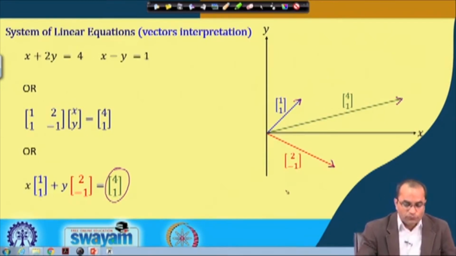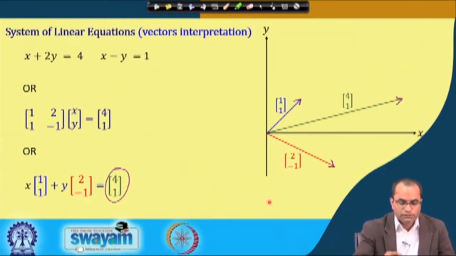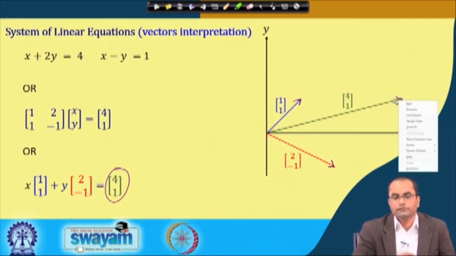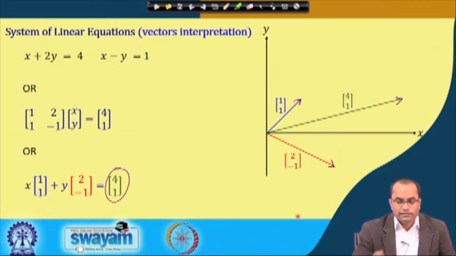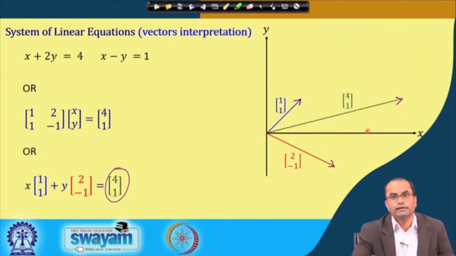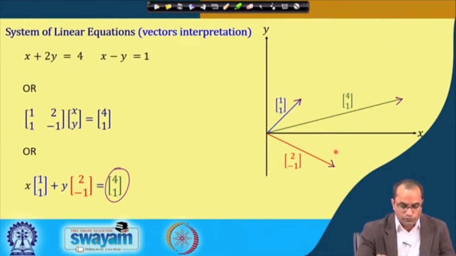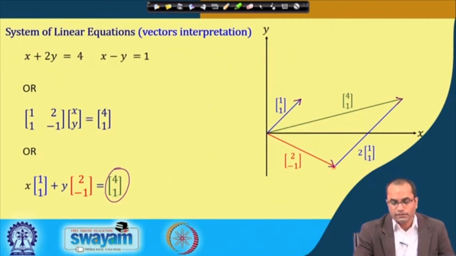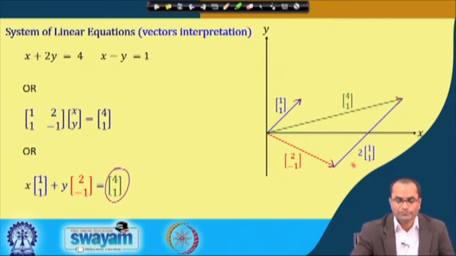Now, we will look for the possibility that whether it is possible to have a combination of these two vectors to get this third vector, this 4 and 1. And in this particular case, this is very easy to see that if we add in this red vector here 2 minus 1, 2 times of this blue vector, we will get exactly that point here, or we will get that vector 4 and 1. So, if we do so, that means we are adding in this 2 minus 1 vector 2 times of 1 1 vector.